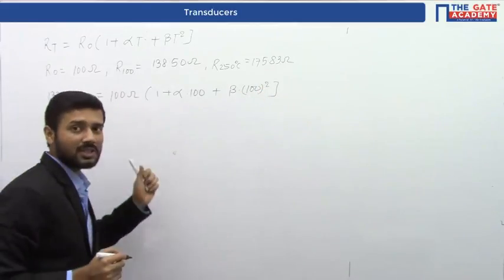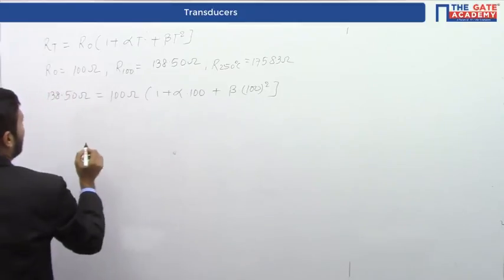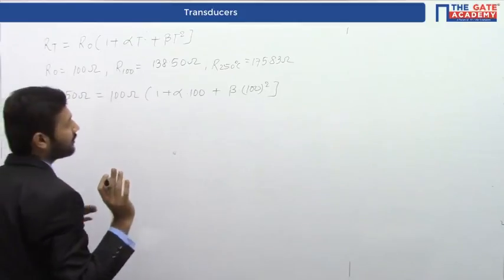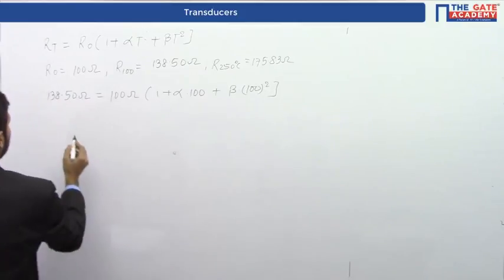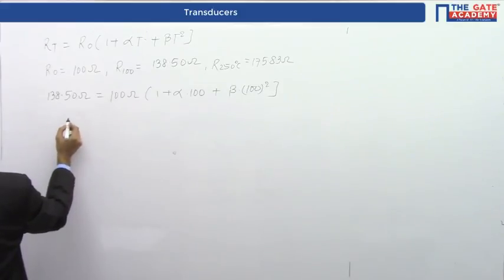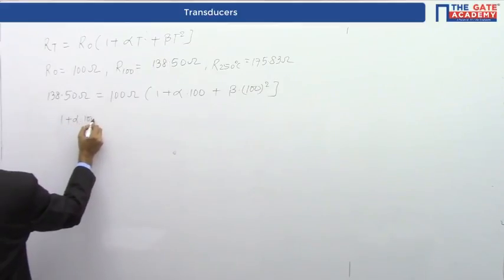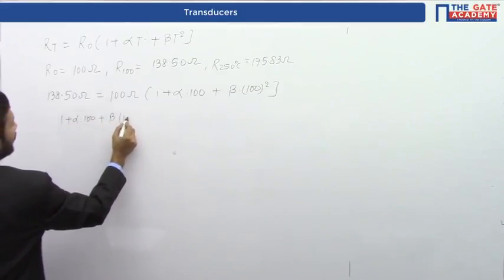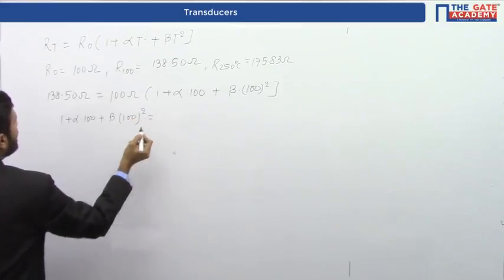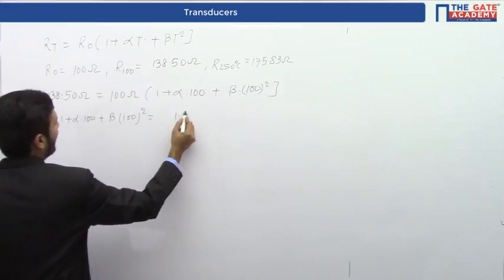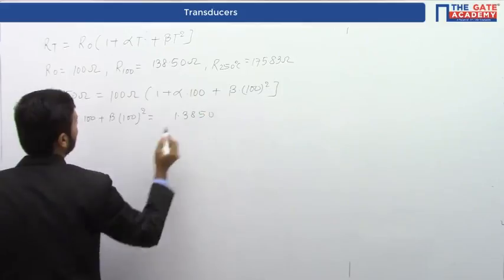If we solve it, we get 1 plus alpha into 100 plus beta into 100 square equals 1.3850.